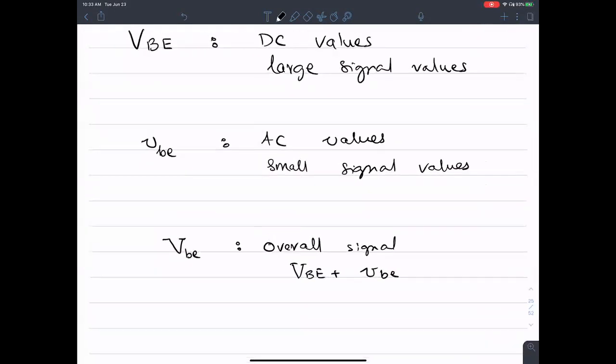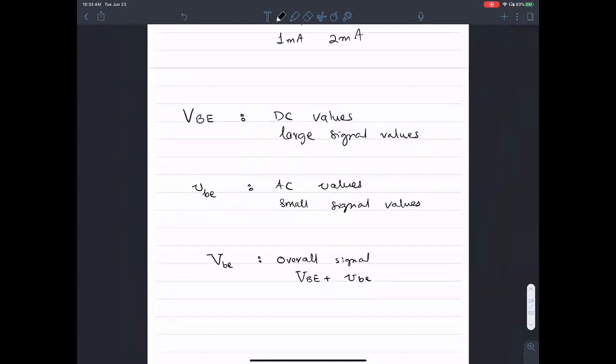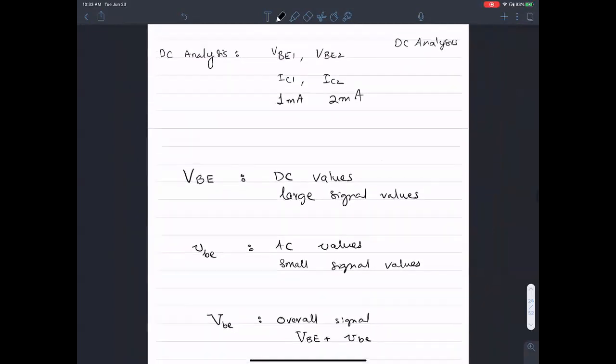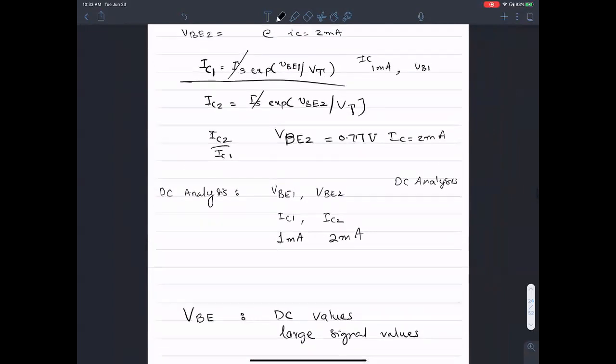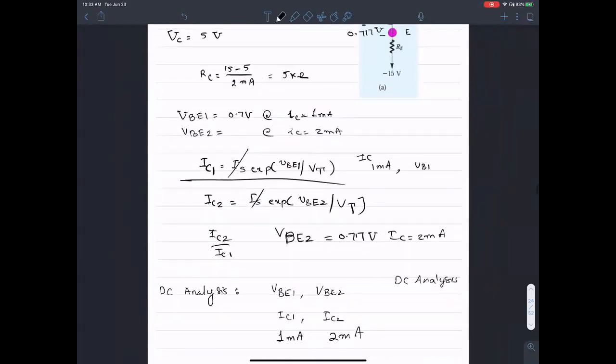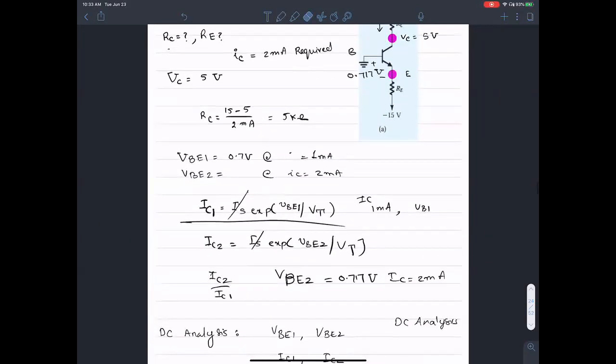Okay, so this is the convention that we like to follow. Because we are doing the DC analysis here, I'm using all capital values. So I should really be using capital IC.